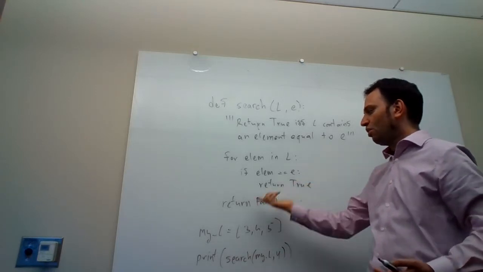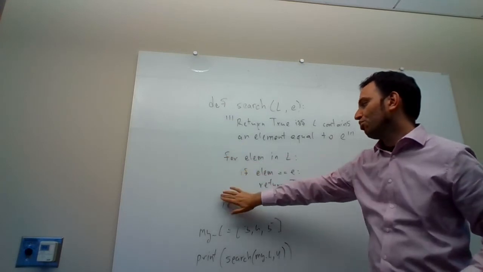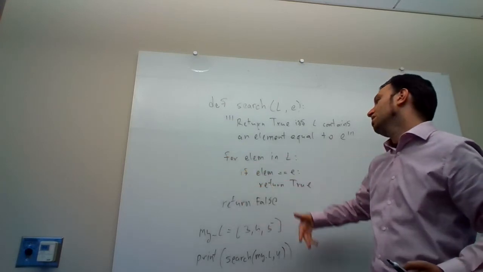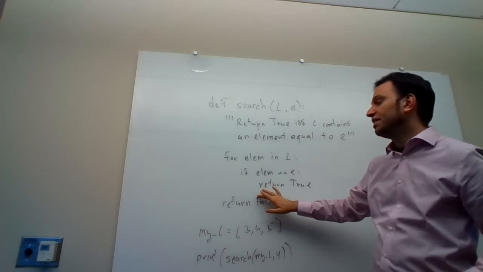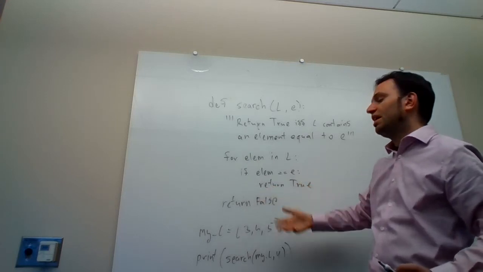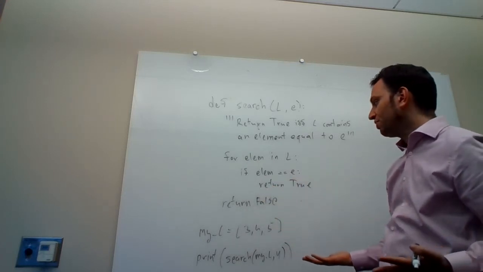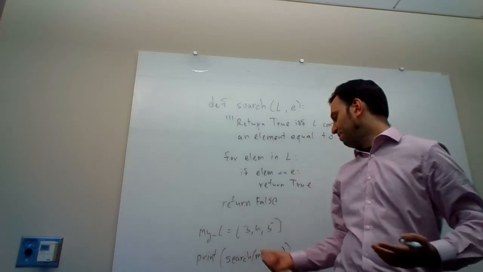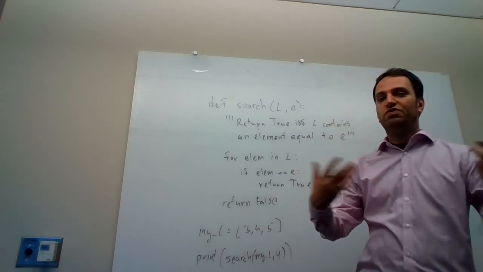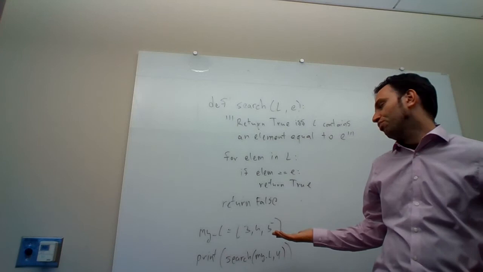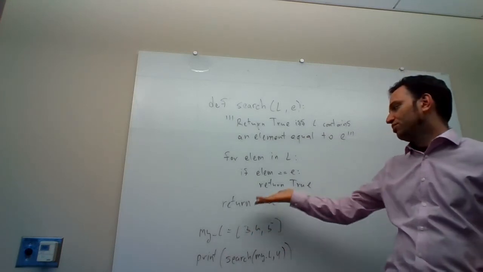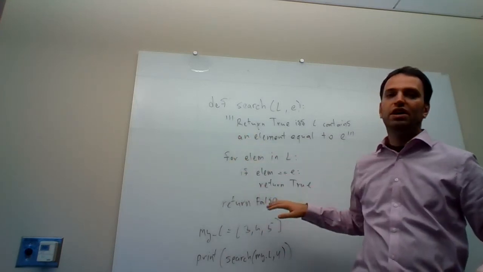On the other hand, we'll only return false after the for loop has finished running, because if it has finished and we haven't returned true, then it must be the case that we return false: we tried every element, compared it to 4, found none of them equal, so we have to return false. But you can only do that after the for loop.